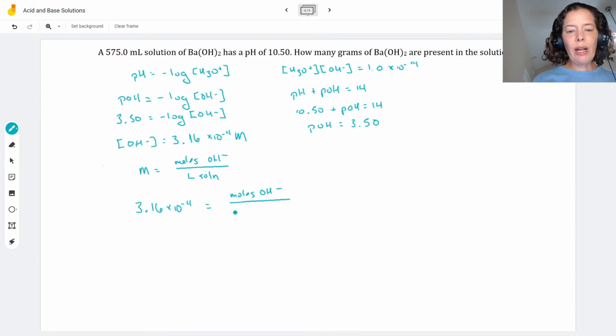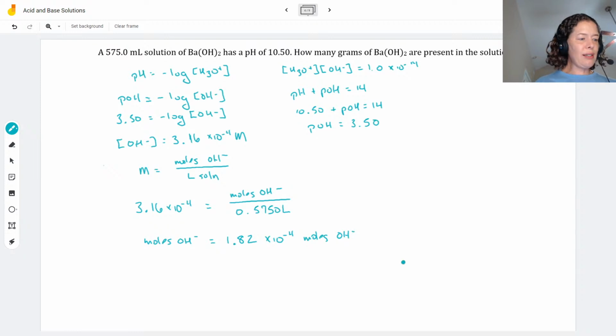Again, just a quick conversion to convert that into liters. So now I know my moles of hydroxide. Let's see, I did that calculation and I get 1.82 times 10 to the negative fourth moles, again, of hydroxide.